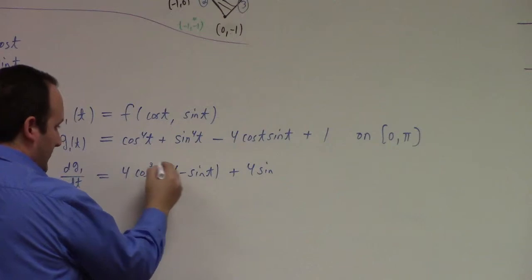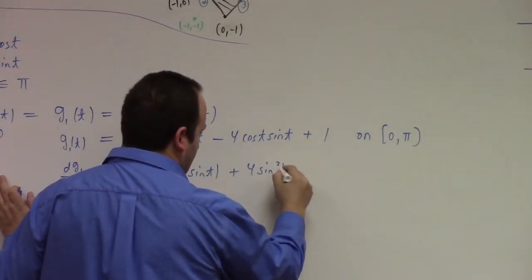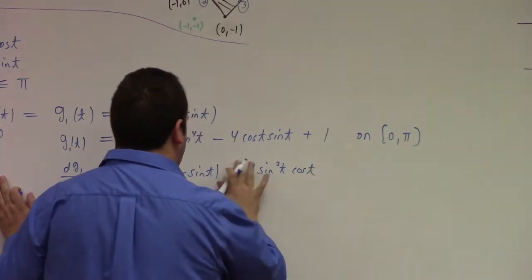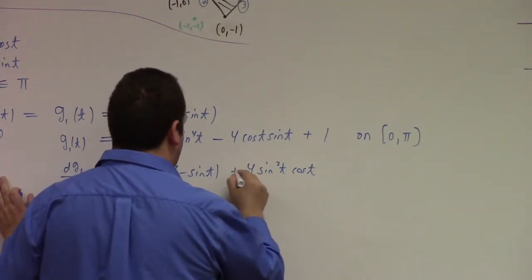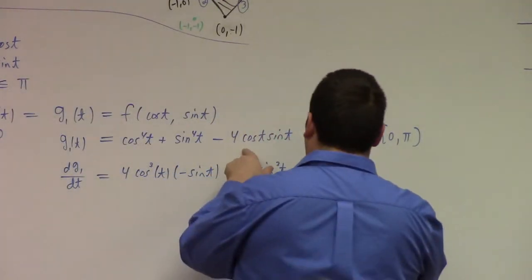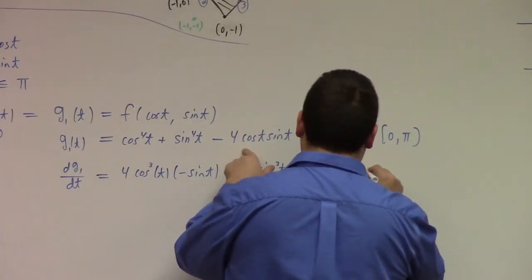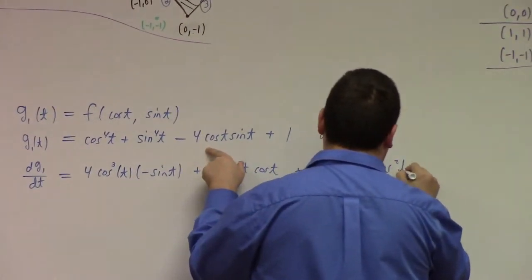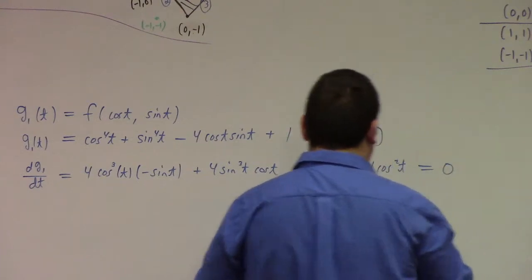Cubed, right? Chain rule. Sine cubed t cosine t. There's a minus. No, there's no minus in the second one, right? Okay. And then over here, we get plus 4 sine squared t minus 4 cosine squared t. All of that's equal to 0.